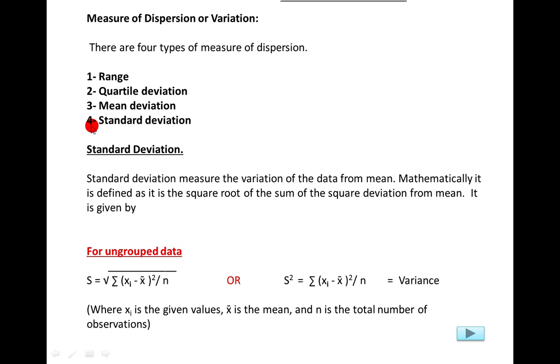Number fourth method is the standard deviation. Standard deviation is free from all the demerits. With the help of standard deviation, you can find the variation of data from mean, whether the variation or deviation from mean is negative or positive.